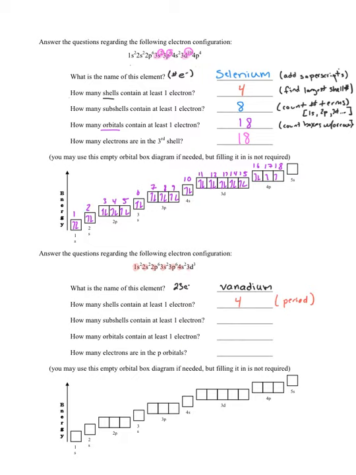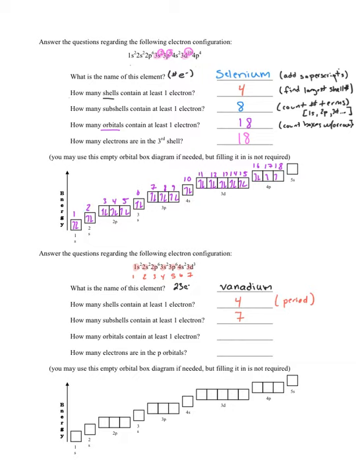So I don't have the 4p, so I've got 1 less than I had before, right? And so I had 8 subshells in selenium. Now I only have 7 subshells here represented in this configuration for vanadium.